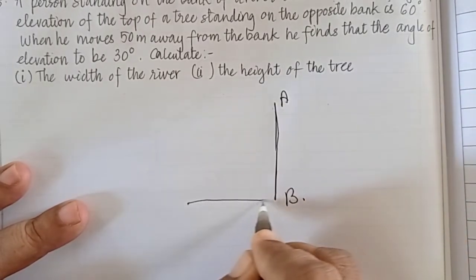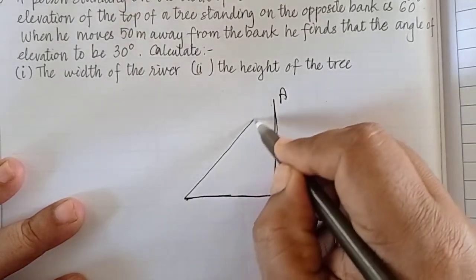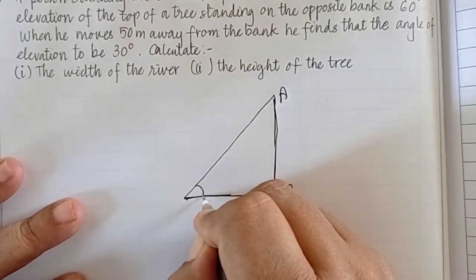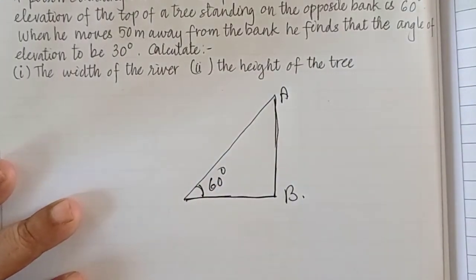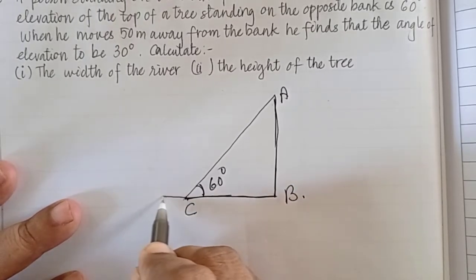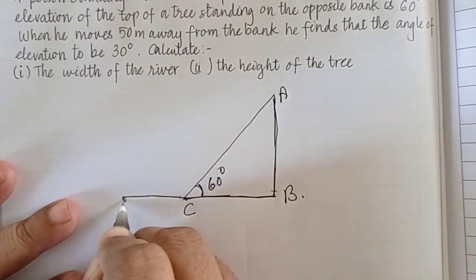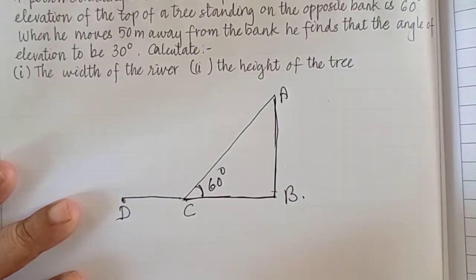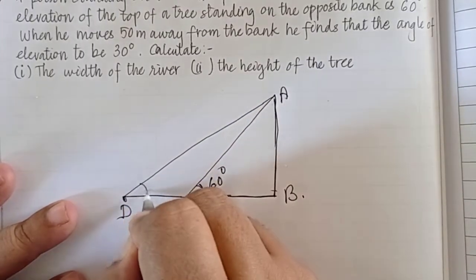Look here. We know that we always draw a right angle triangle. Here this is the angle of elevation. You can mark this as 60 degree. What happened? When he moves 50 meter away from the bank, now his position is at D, he finds the angle of elevation is 30 degree.